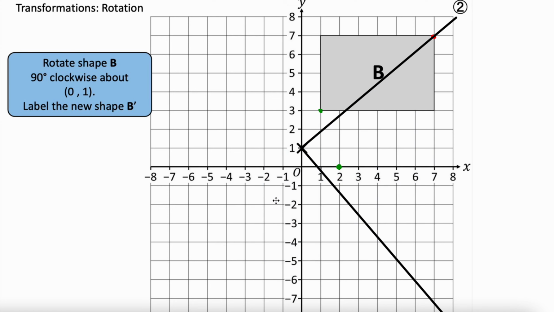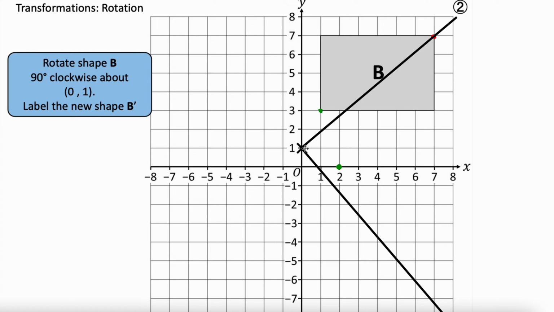Okay, so once you draw that, the only task now is to make sure the image of this red vertex is exactly the same length in this other direction. So let's have a look. 1, 2, 3, 4, 5, 6, 7 horizontally. 1, 2, 3, 4, 5, 6 vertically.